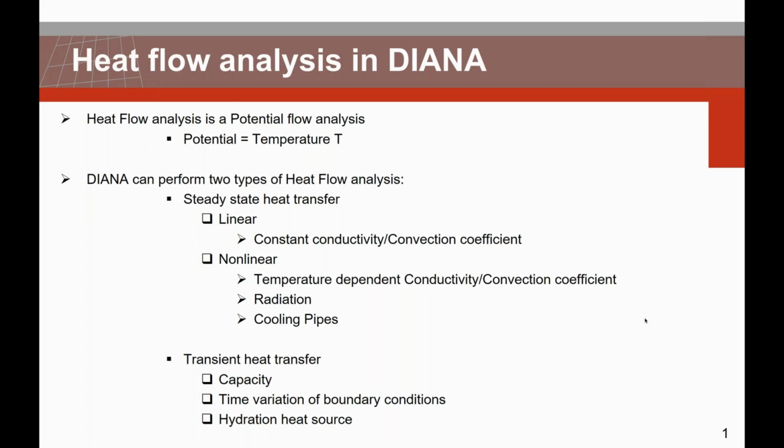And the second type is a transient heat transfer. In that case, you introduce a time dependency for the boundary condition. For instance, you are talking also about capacity and duration of heat source.